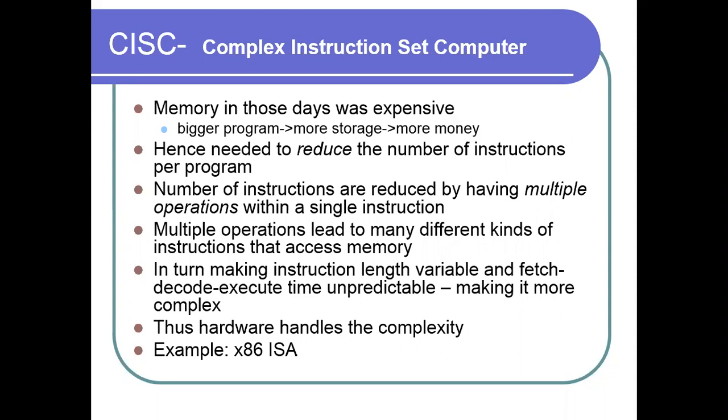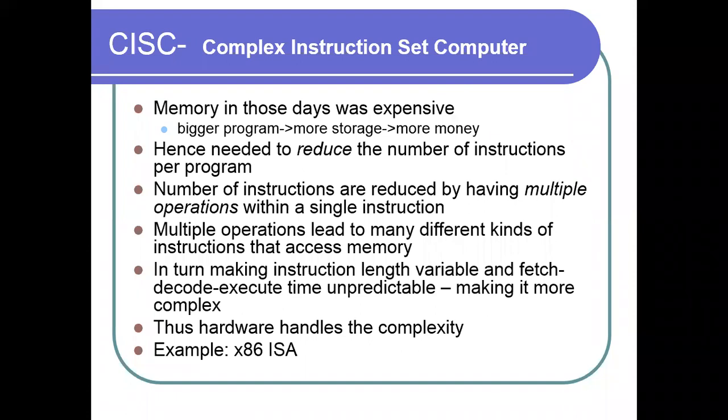So to reduce the number of instructions, I have to include more and more operations in a single instruction. Because of that, it was called a complex instruction. Why is it called a complex instruction? Because in a single instruction you have multiple operations.